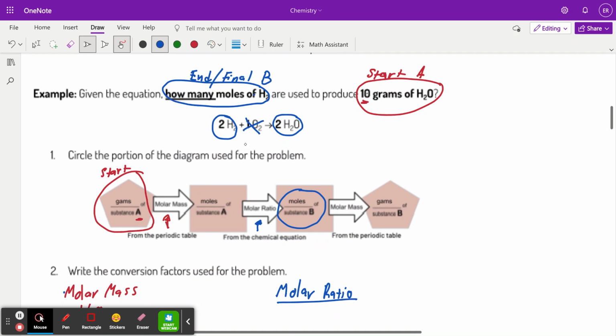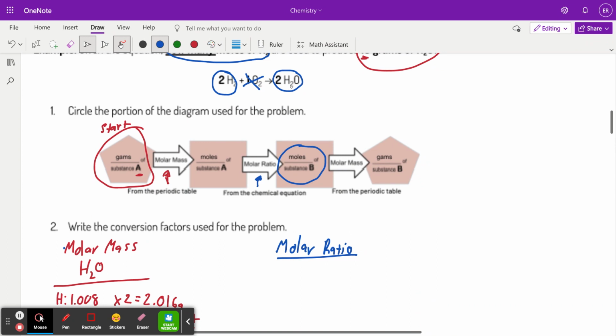Now our relationship is: how many moles of H2O? According to our chemical equation, we have two moles of H2O. And now how many moles of H2?